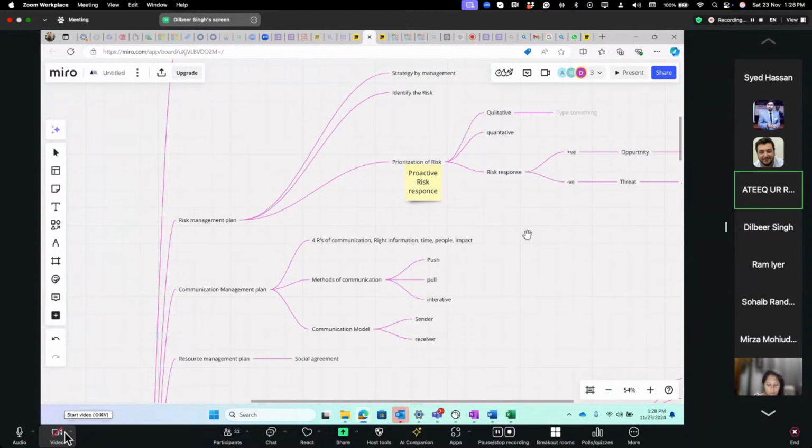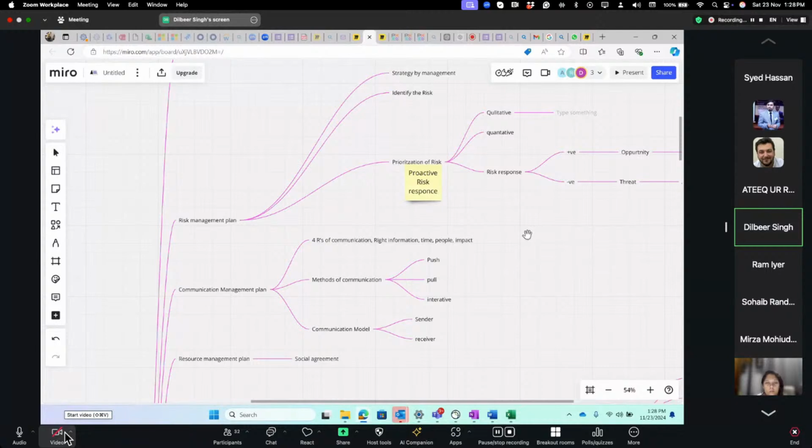In push communication, the stakeholder didn't ask for information, we provide it. In pull communication, he needs effort to gain relevant information. In interactive communication, there is two-way communication.